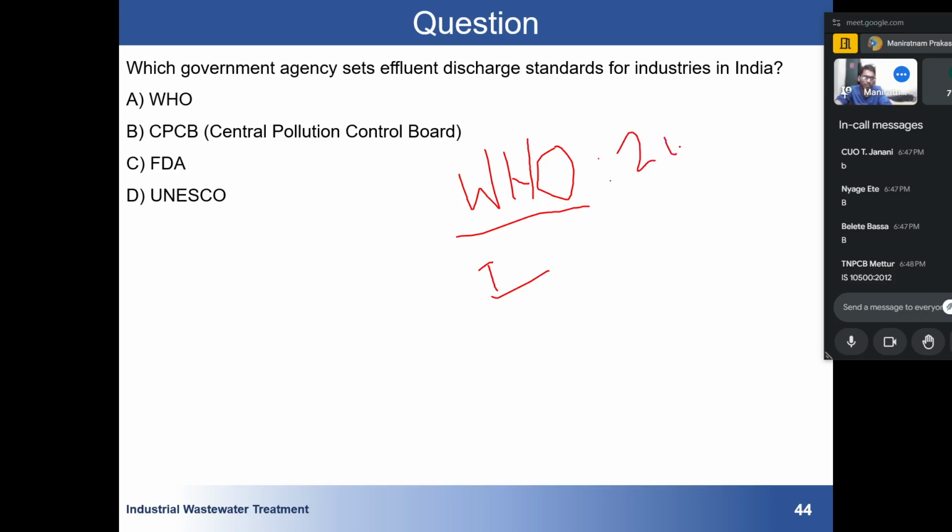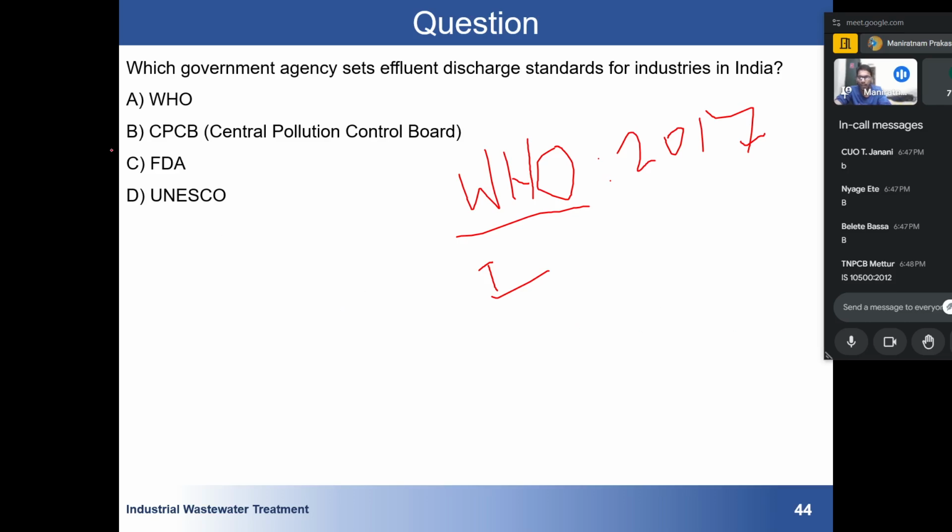I'm not aware of the latest version of the WHO limit, but generally you will see WHO drinking water limit as per 2017, and for India, IS 10500:2012.